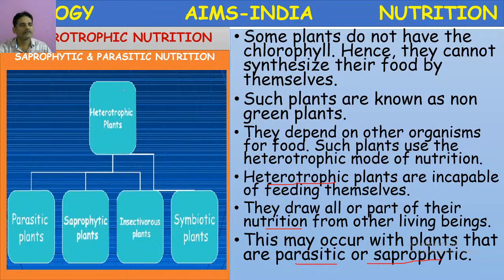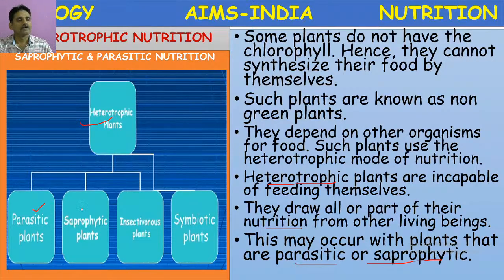Let us see this chart showing the heterotrophic nutrition in plants. Heterotrophic nutrition in plants is broadly divided into 4 main types. Parasitic nutrition, where the plants are called parasitic plants, and we will understand the host and parasite relationship.